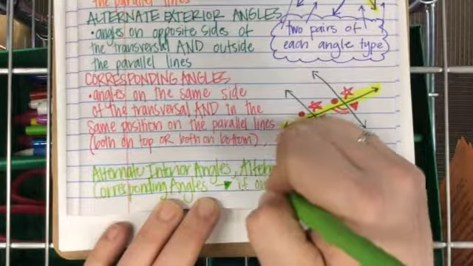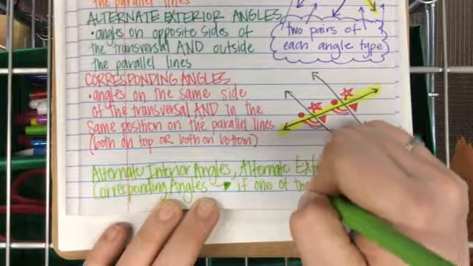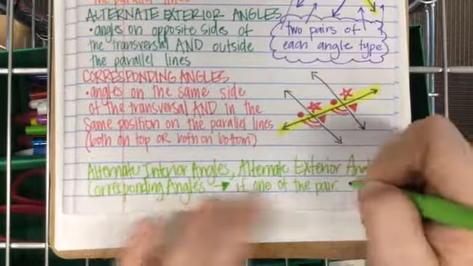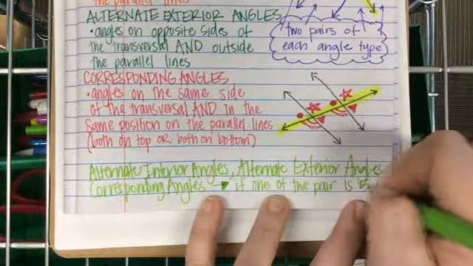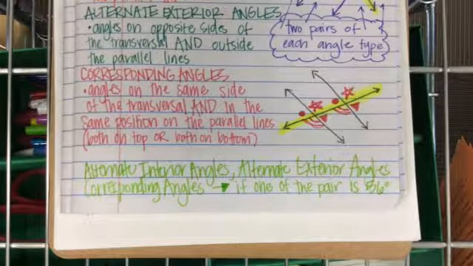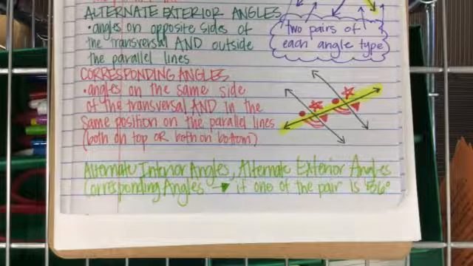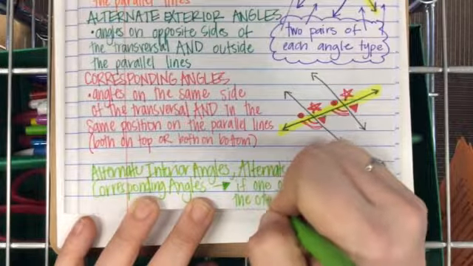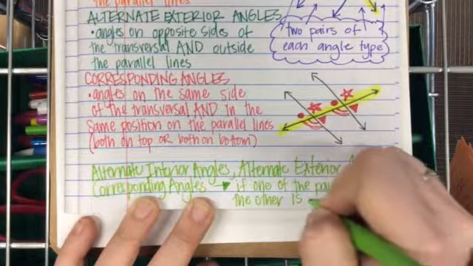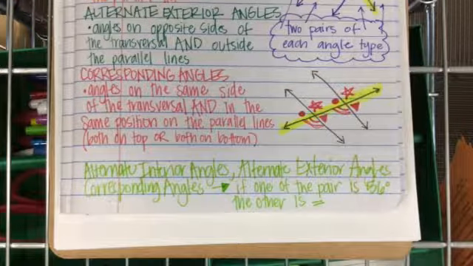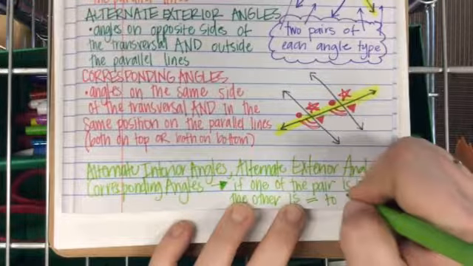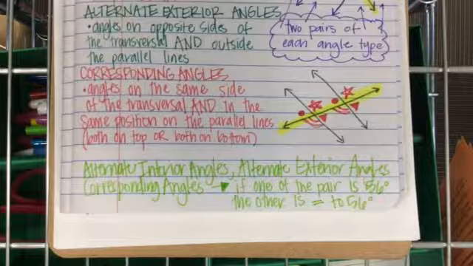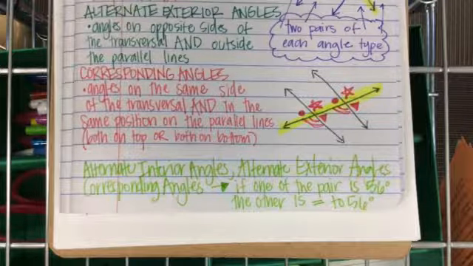if one of the pair is 56 degrees, what? The other is equal to 56 degrees. Alternate interior angles are equal to each other.